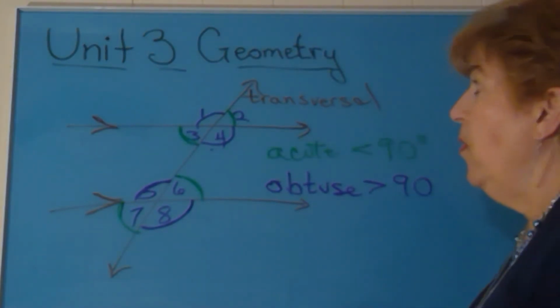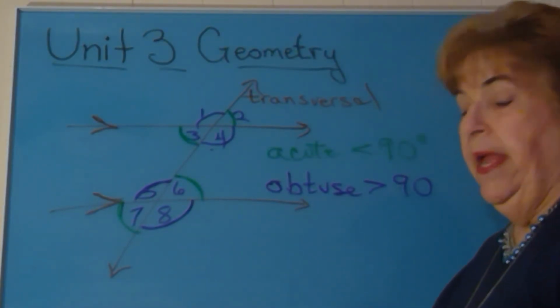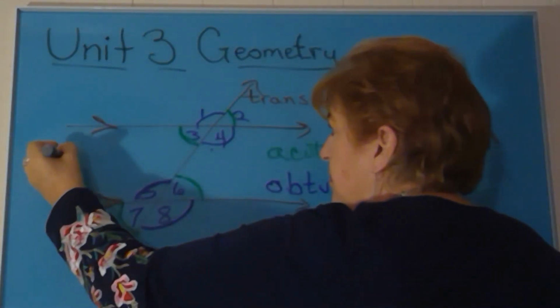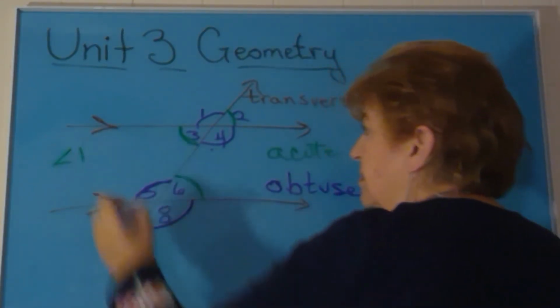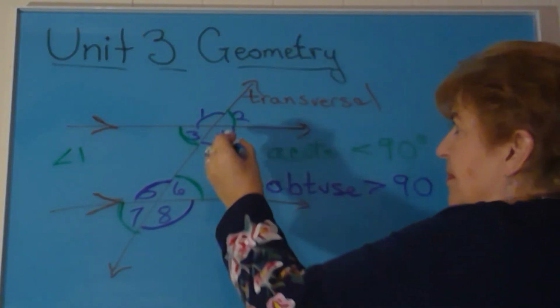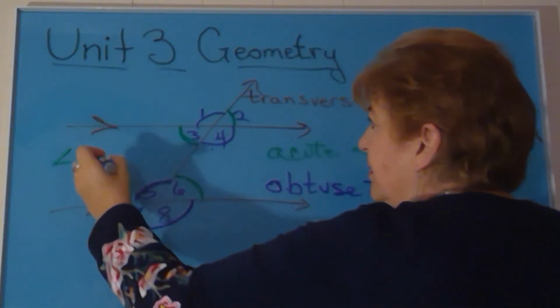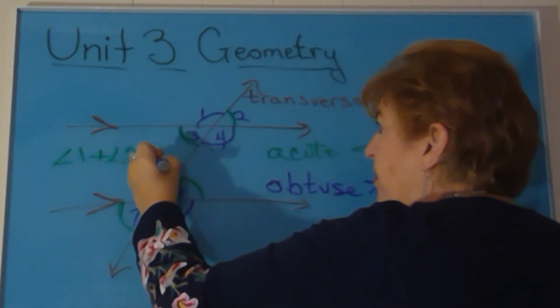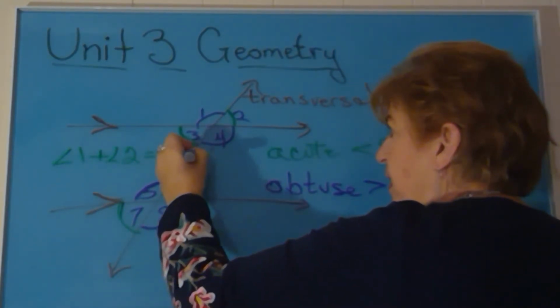Another thing that we know about these angles, any pair, if you pick one purple, angle 1, and one green, angle 2, they're going to add up to 180 degrees.